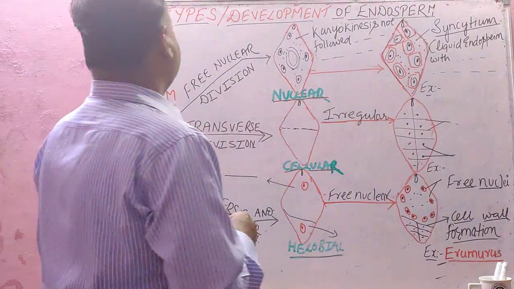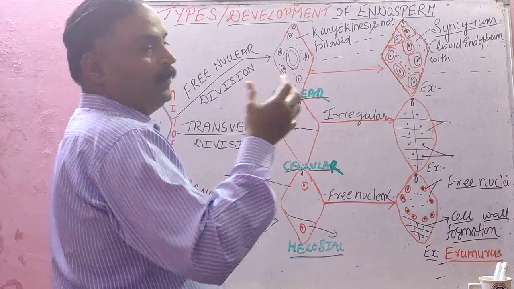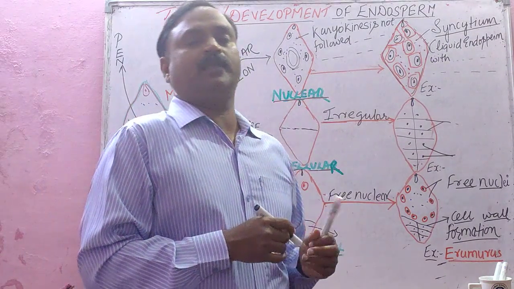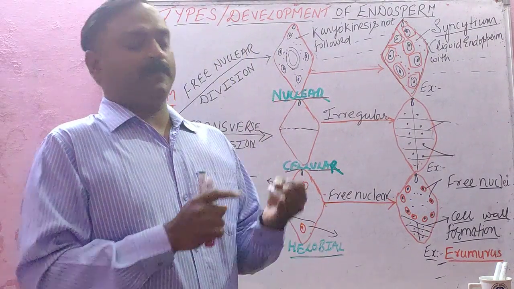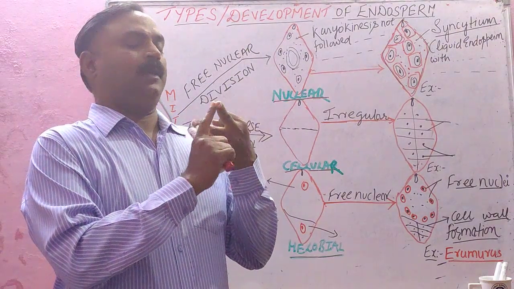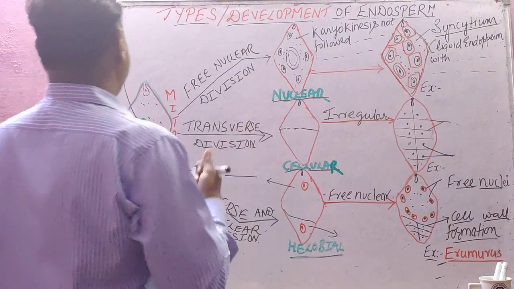So there are three kinds of endosperm according to the development, according to the division of nucleus and wall formation. There are three kinds of the endosperm: nuclear, cellular and halobial, isn't it? So one by one let us see.